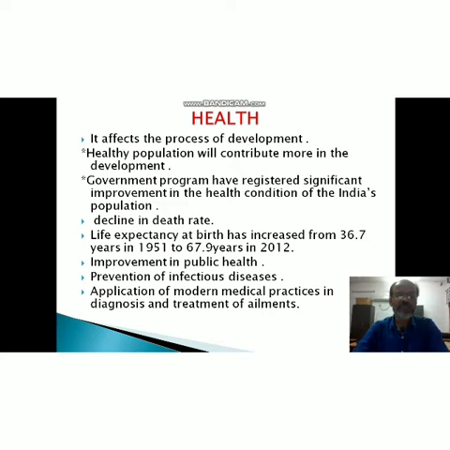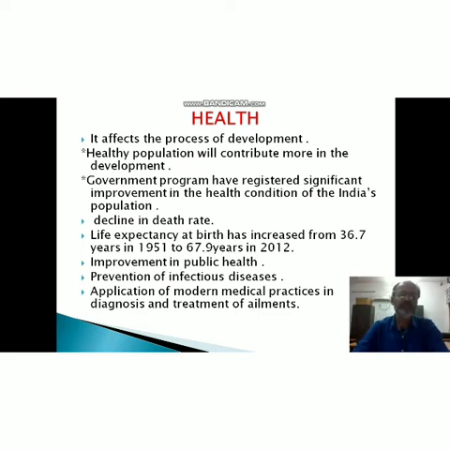Life expectancy at birth has increased from 36.7 years in 1951 to 67.9 years in 2012. By the progress of medical science, our life expectancy has increased to nearly 68 years in 2012.